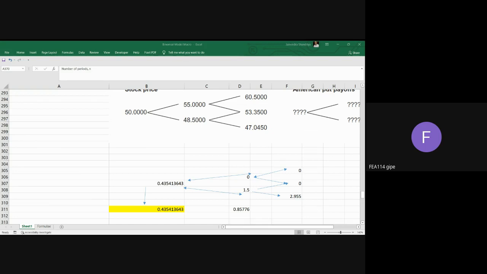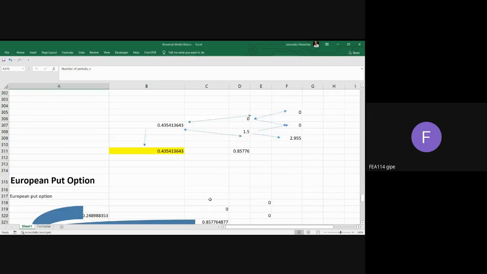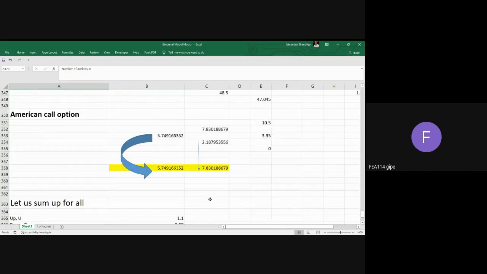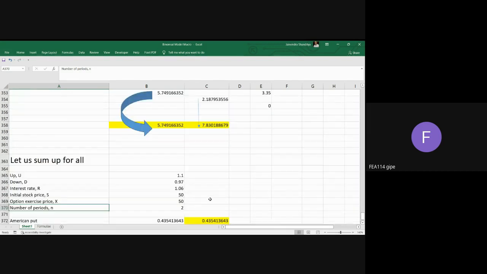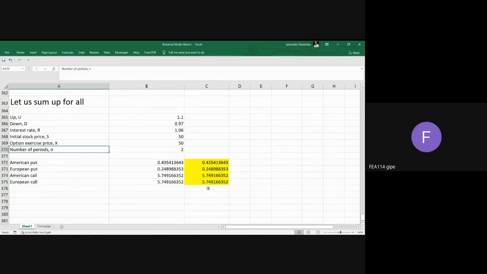For example, if I can show you here, this one. Let me show you here. This European call is not priced anywhere. Normally, you will not find this done anywhere. Why? Because they know that the European call is the same price as the American call.